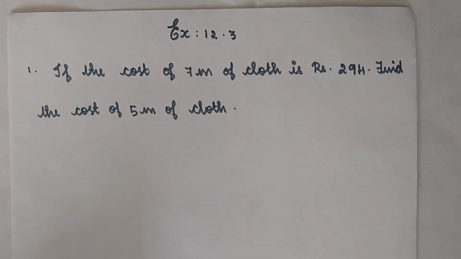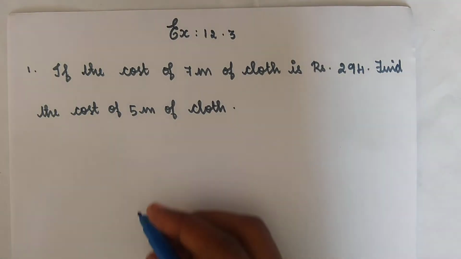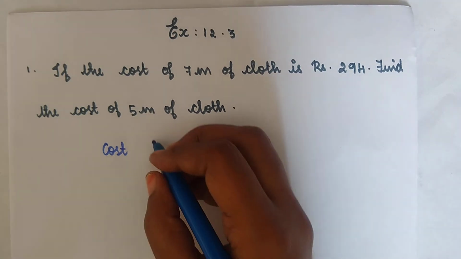Here given is the cost of 7 meter of cloth is rupees 294. We have to find the cost of the 5 meter of cloth. Before that we have to find the cost of 1 meter of cloth. Let's see. What is the given part here?